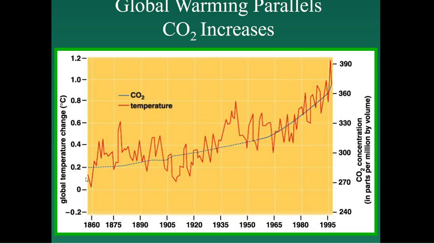But overall, if I was to draw a line, you can see that from 1860 to 1995, the average temperature here on Earth has increased. And not only has the temperature increased, but so has the CO2 up in the atmosphere. So this is the correlation that scientists are watching to see what is going to happen, okay?